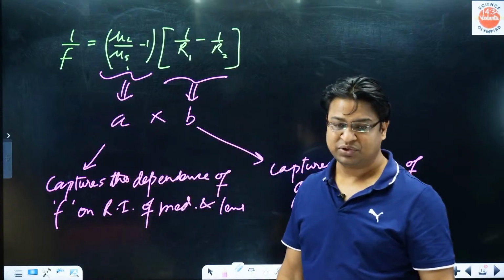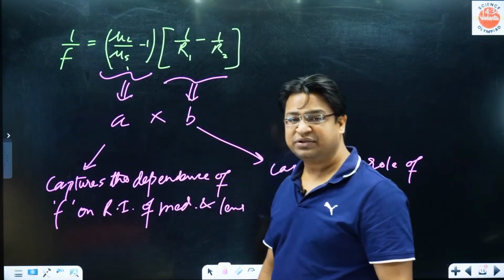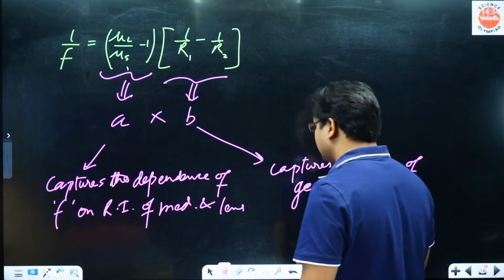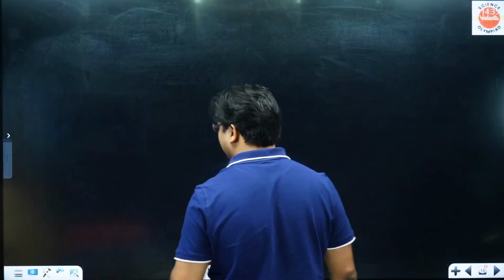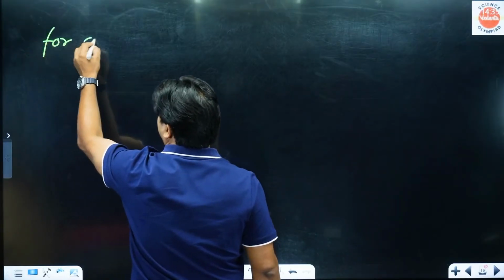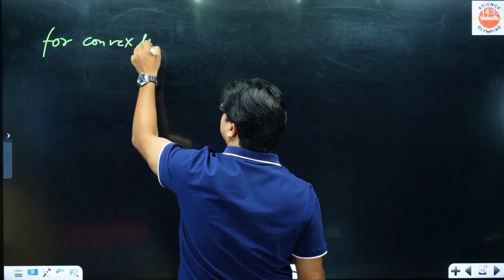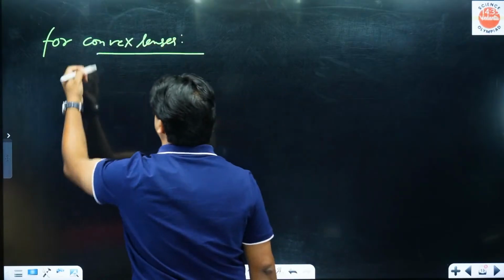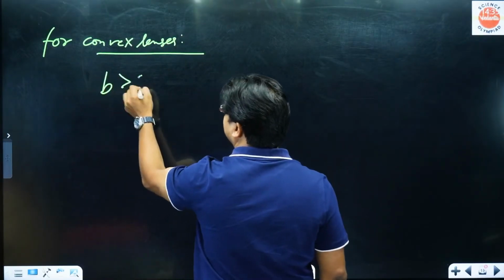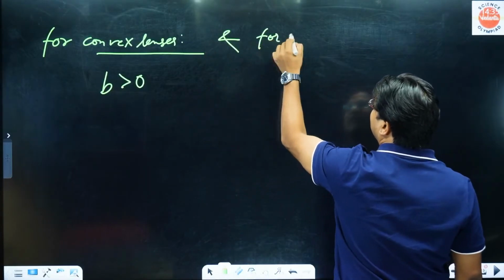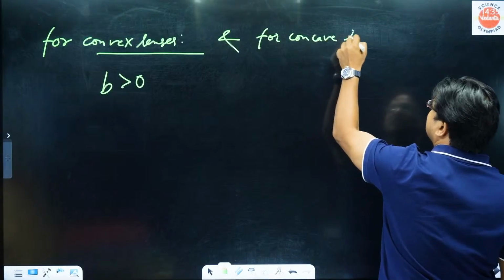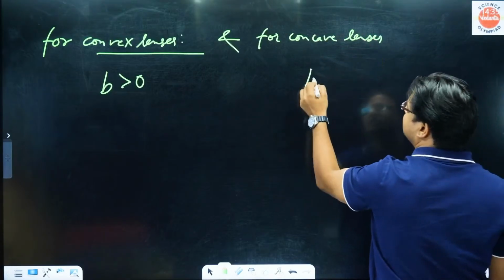Notice that if we are keeping the lens in a rarer medium, then A will always be positive. You can try it as an exercise, that for all types of convex lens, B is greater than 0, and for concave lenses, B is less than 0.